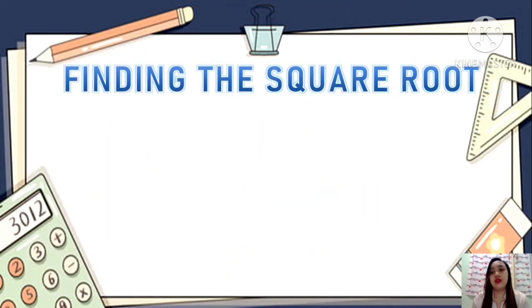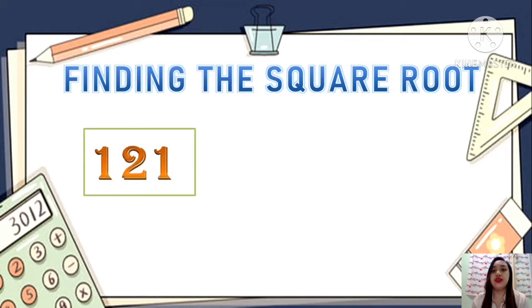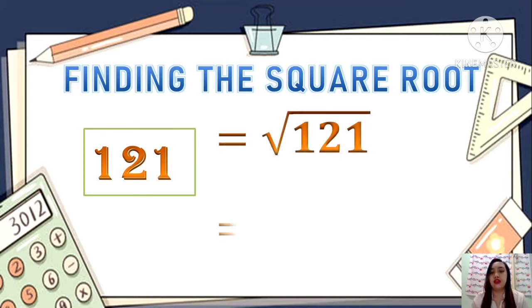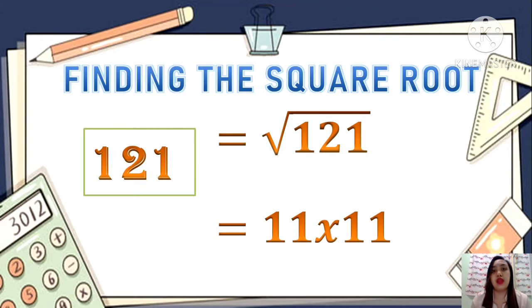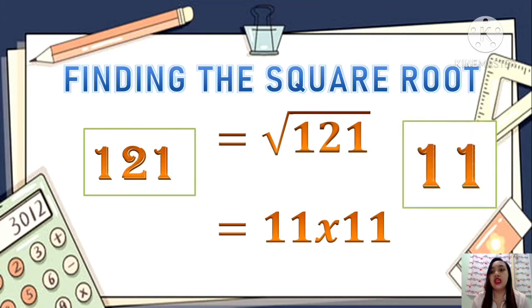Now, finding the square root. How are we going to extract the square root of 121? Let us find the square root of 121. And what is it? 11 times 11. Kasi iyan ang number na kapag minultiply mo sa sarili niya, you will get 121. So, meaning, the square root of 121 is 11.